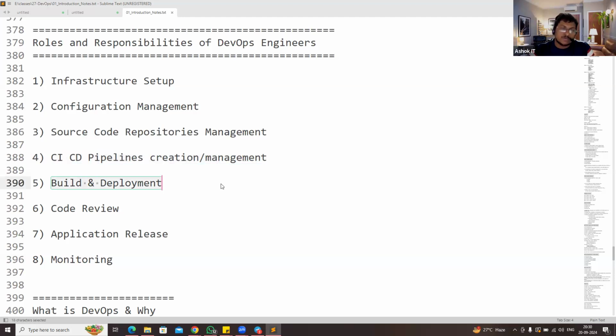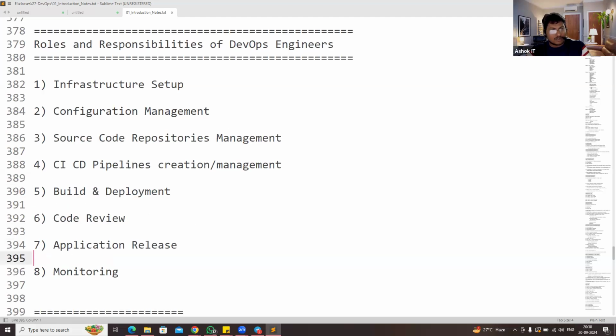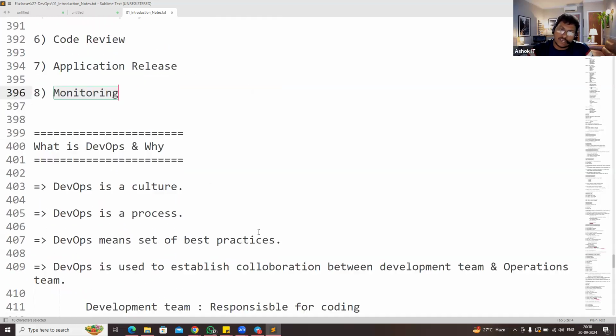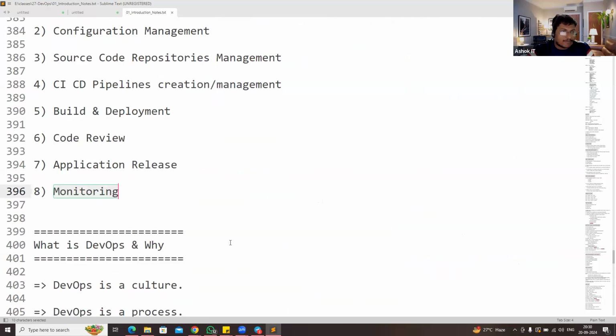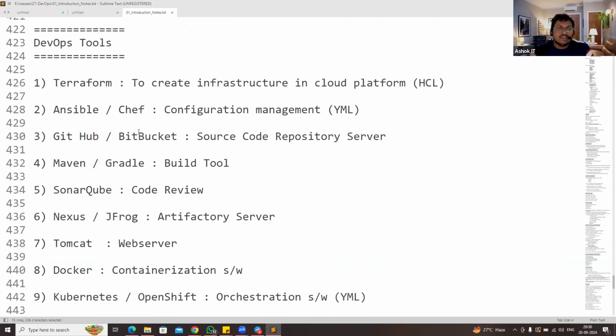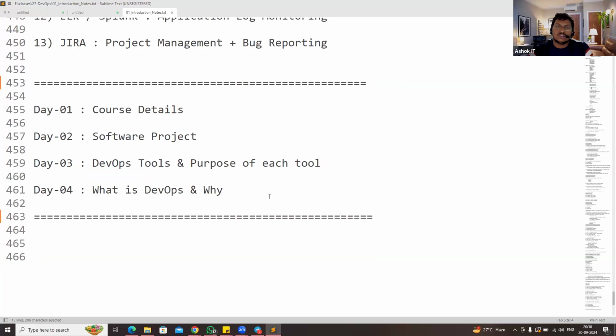We are also responsible for project build and deployment, code review, the application release process, and application monitoring and infrastructure monitoring. In order to perform these operations in the project, we use several tools. What the tools are and the purpose of each tool, we also discussed in yesterday's session.